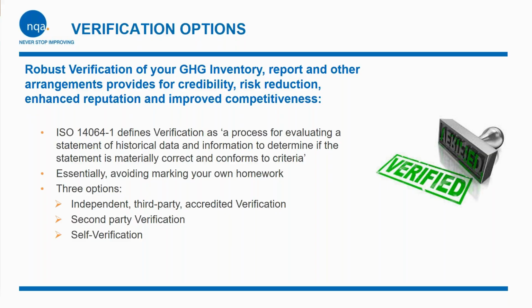ISO 14064-1 defines verification as a process for evaluating a statement of historical data and information to determine if the statement is materially correct and conforms to criteria. So it especially avoids marking your own homework. There are 3 options: an independent third-party accredited verification, second-party verification or self-verification.